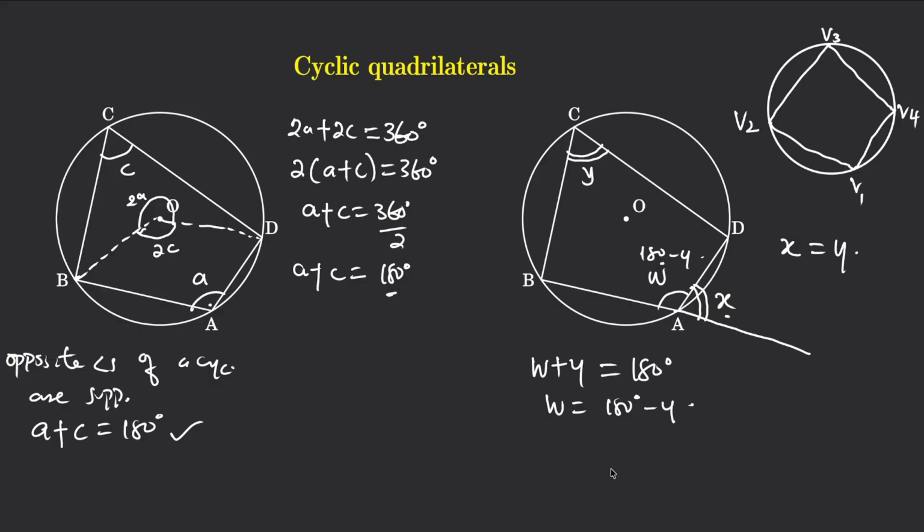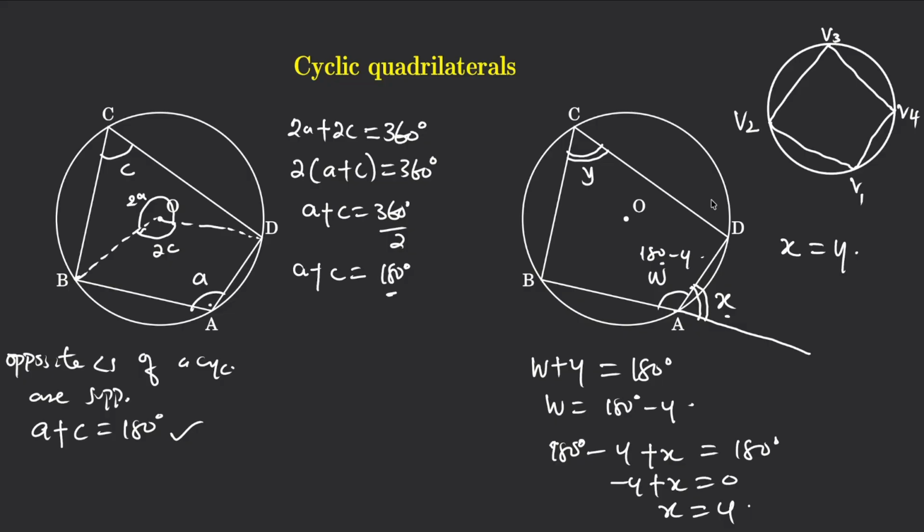So which means that 180 degrees minus Y plus X is equal to 180 degrees, right? Because these are two angles. And so when you work it through, you have minus Y plus X equals 0, and then X equals Y, which is what we are trying to say, that the exterior angle formed by BA being produced is equal to the opposite interior angle. So those are the basic theorems on the cyclic quadrilateral.